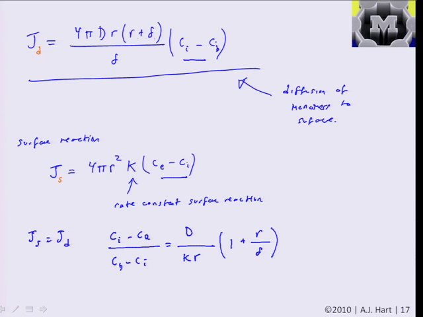You have an r squared term here and an r delta term here, and you divide those by r squared, and you end up with this term here.